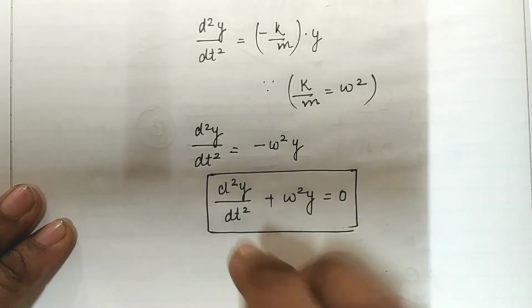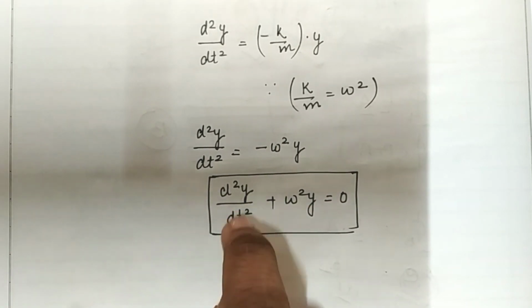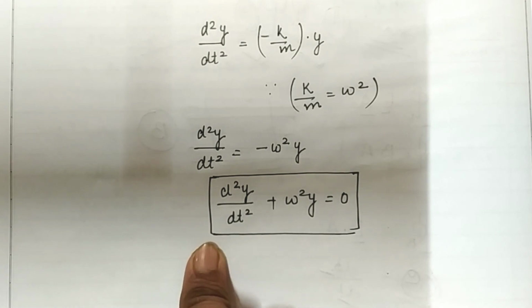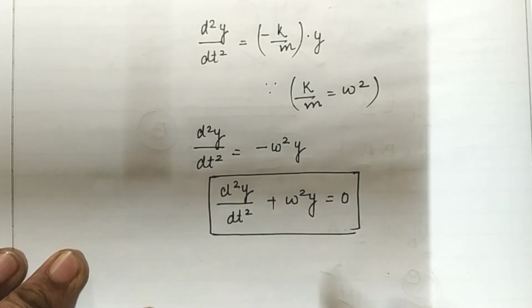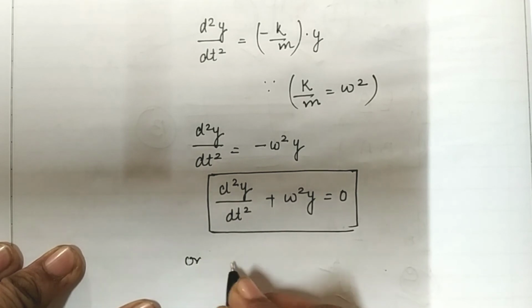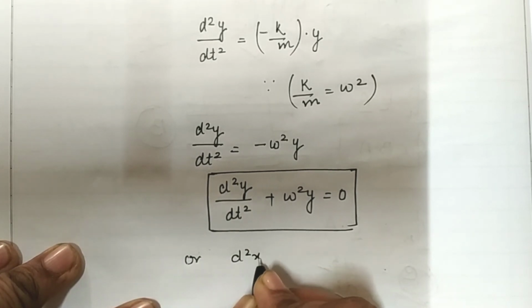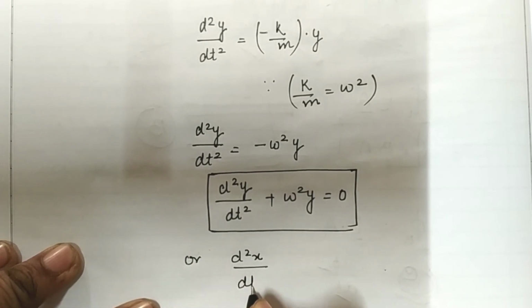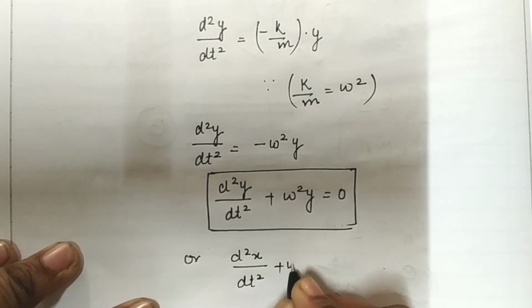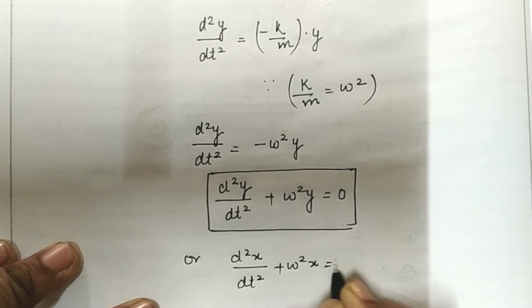So children, here y is the displacement of the object. So you can also write this equation in terms of x, that is d2x upon dt square plus omega square x is equal to 0.